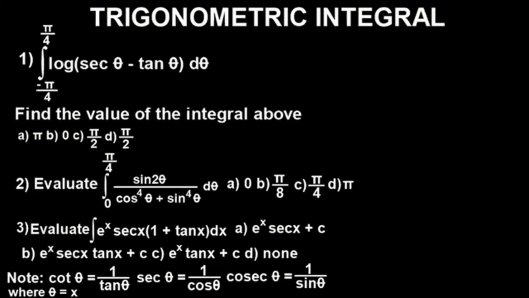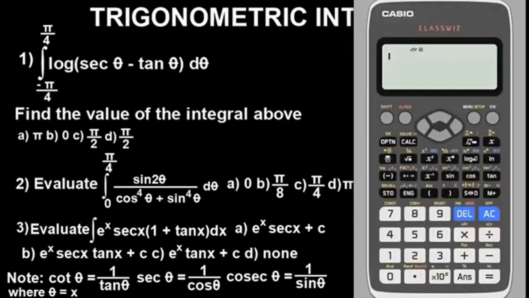Okay guys, let's get the Casio calculator now and move straight to the details of this video. So this is the Casio calculator, the black one. This is the fx-991 ES calculator, ClassWiz. Okay guys, so I have 3 questions here, as you can see.